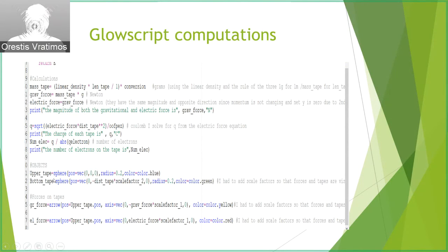Then we added the two objects, the upper tape with blue color and the bottom tape with green. And then we added the arrows, using scale factors in both occasions so that we can actually see them.